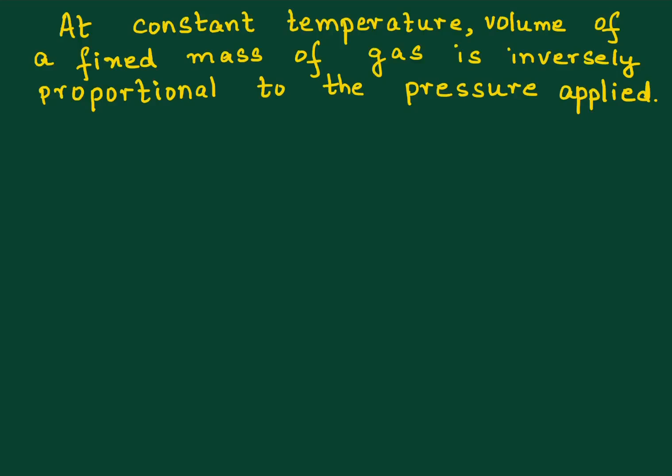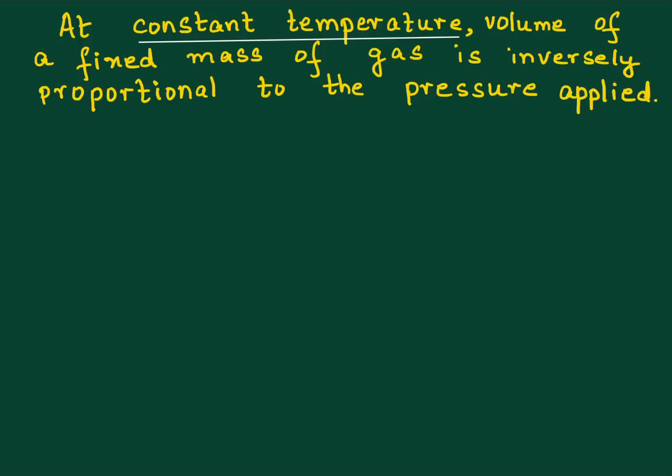Now here you have to remember that there are certain terms which are very, very important. First of all, at constant temperature, please make sure that you underline it, because while deriving the relation between pressure and volume, we are keeping the temperature constant, right? At constant temperature, the volume of a fixed mass.